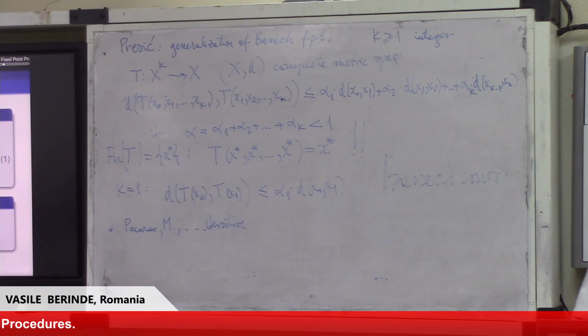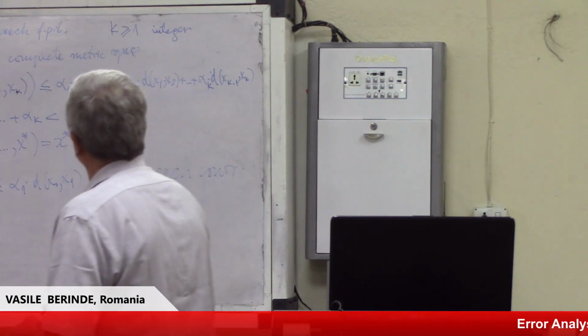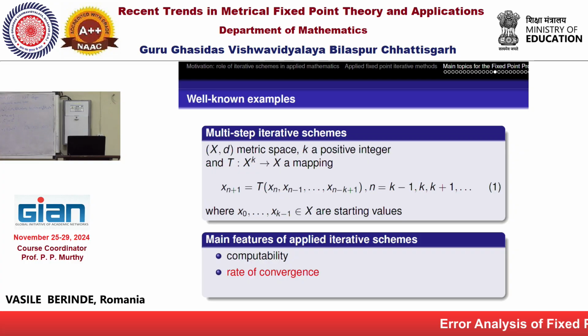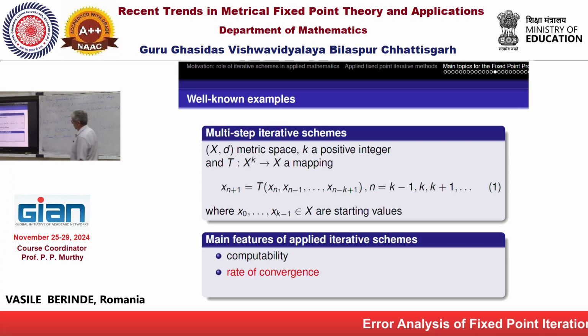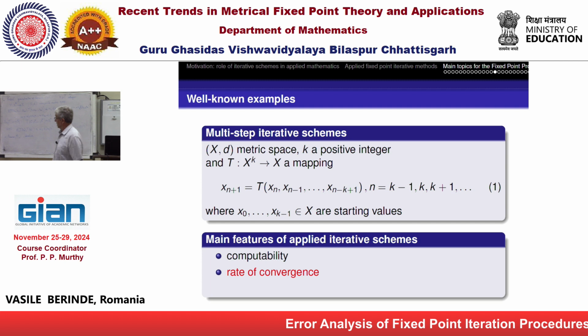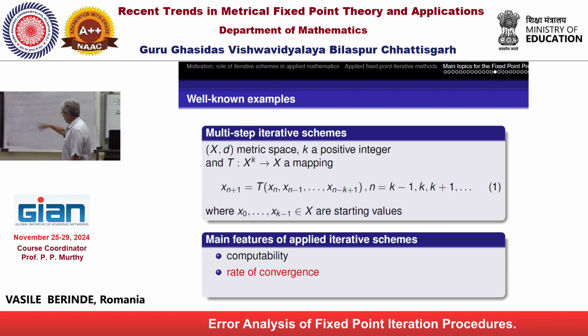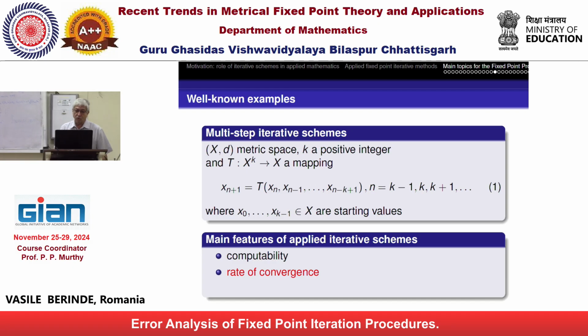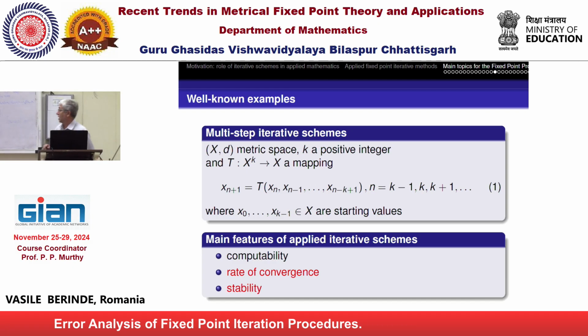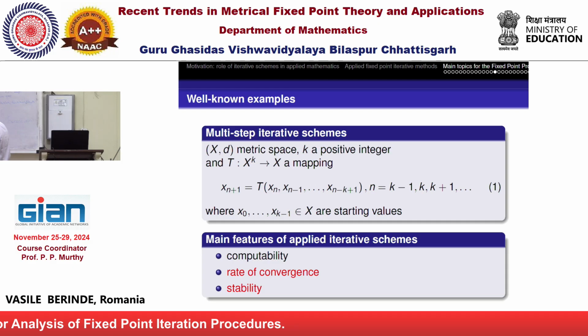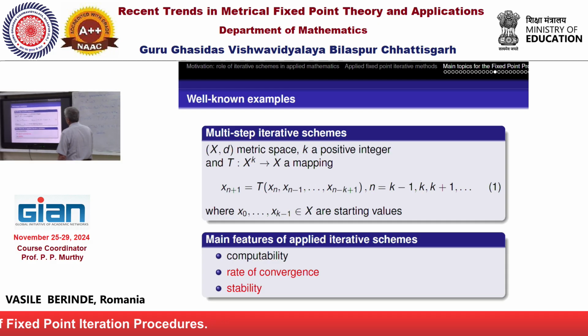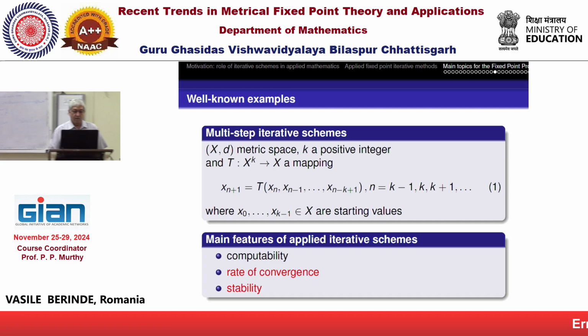So let's go further. We could have one-step iterative schemes and multi-step iterative schemes, but for all, the main numerical features are these: computability, rate of convergence, stability. Computability, you can imagine what it is. I don't insist on this concept.